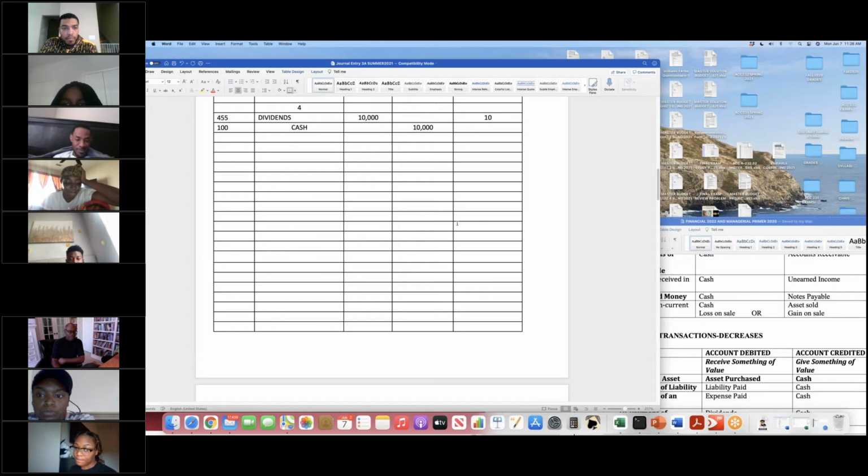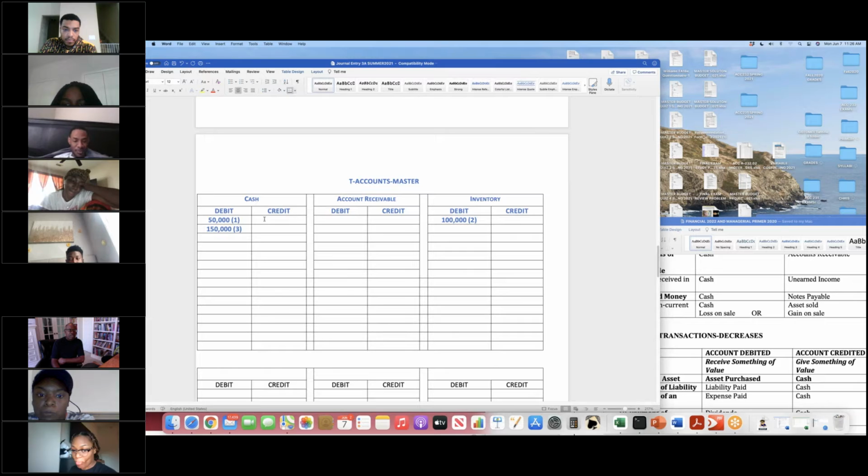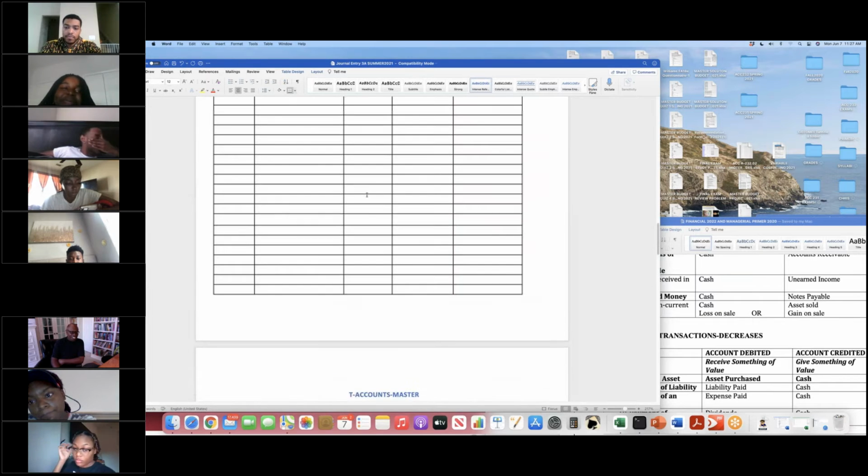Cash. So we go to the cash account, put it on the credit side, 10,000, then put the transaction number. Yep, that's all it is. Now, that's not that bad, is it? It wasn't bad. Good.